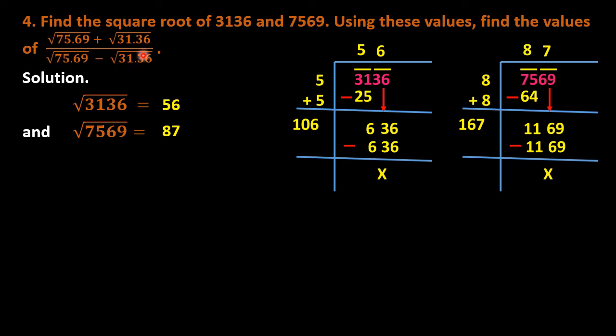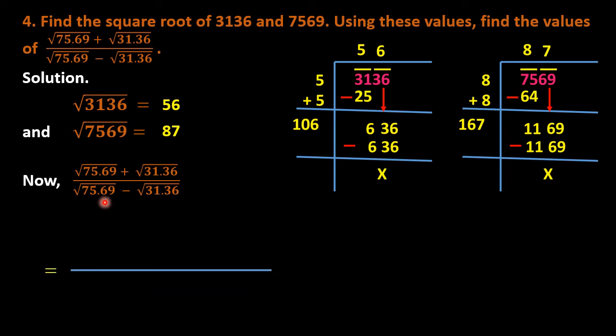Now we have to use this result in the second part to find the value of this expression. So first let me write the expression here. So this is the expression. Now we have to remove the decimal point from all the 4 numbers, and before removing the decimal point, we have to count the number of digits in the decimal part. Here in all the 4 numbers, the number of digits in the decimal part is 2. So after removing the decimal point from the first number, it will be square root 7569 divided by 100.